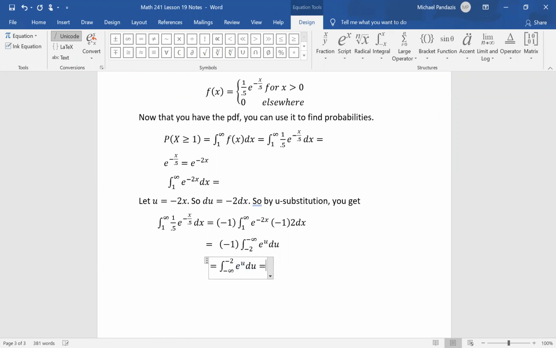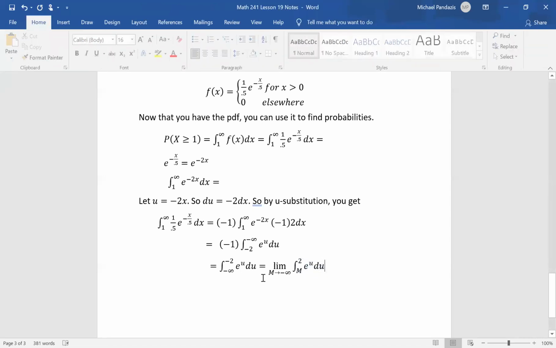And when you calculate this kind of an integral, you take the limit as, let's say, M approaches negative infinity of the definite integral from capital M to 2 of e to the u du.